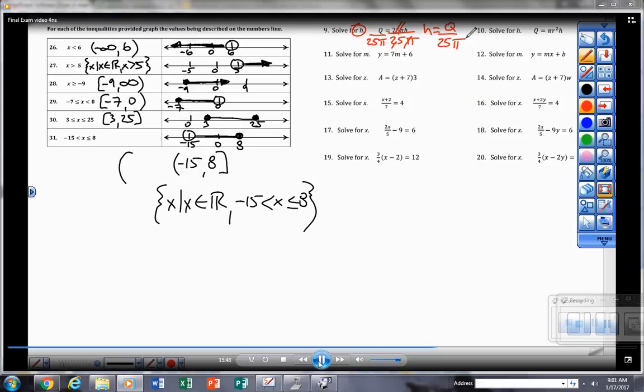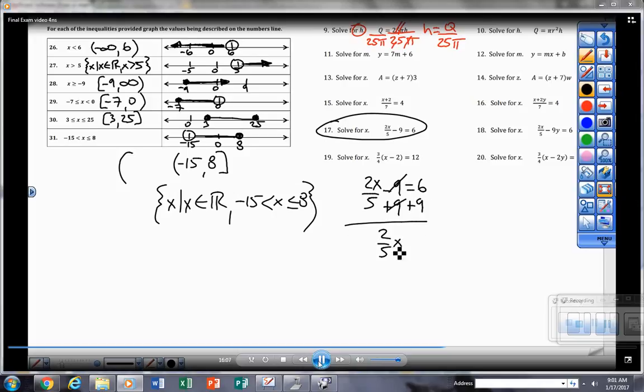I'm going to show you 17 and 18 here. So 17, to solve this, I'm going to add 9 to both sides. And that gives me 2/5 x equals 15. To solve this, I'm going to multiply both sides by the reciprocal, which is 5/2.